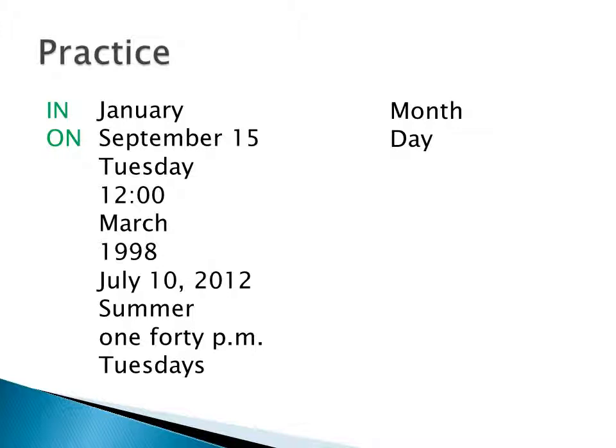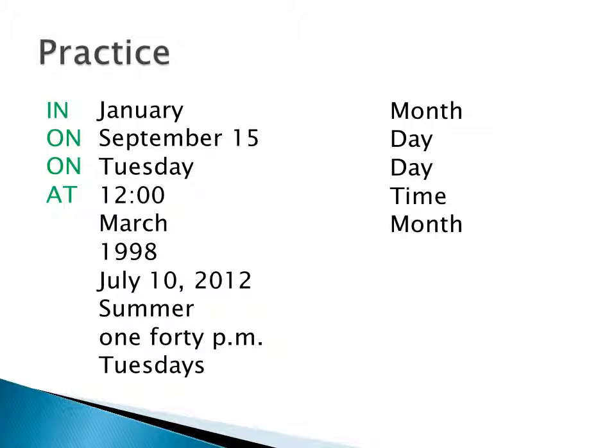Tuesday. Tuesday is also a day, so I'll put on again. 12 o'clock now. 12 o'clock is not a long time, not a day. It's a point in time. It's the time. So anytime you read 12 o'clock, 12:30, 12:45, 1 a.m., etc., this is at.